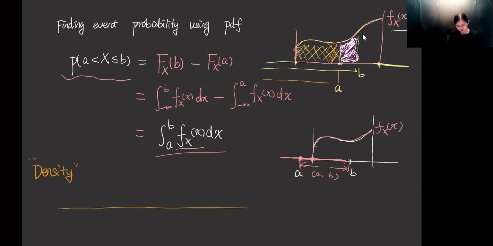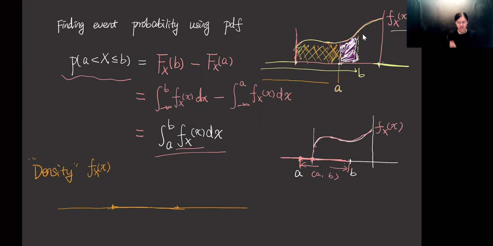Suppose you are throwing points on the real line, and where the point falls is the random variable x, and it follows the distribution described by the probability density function.